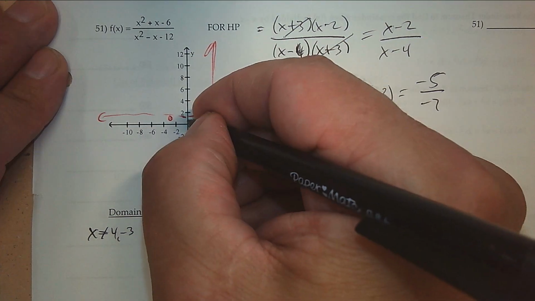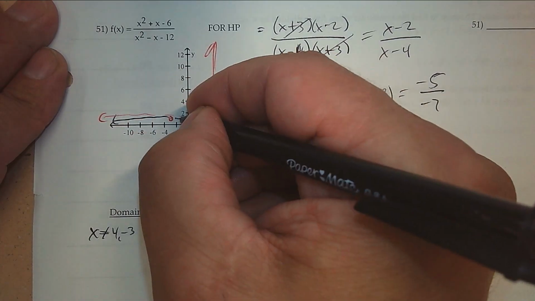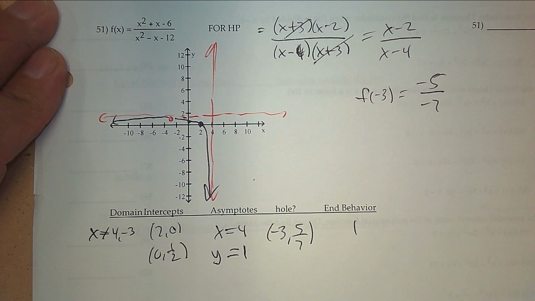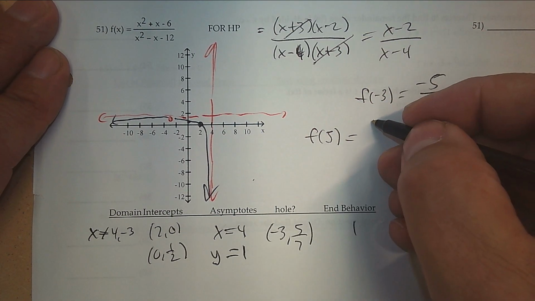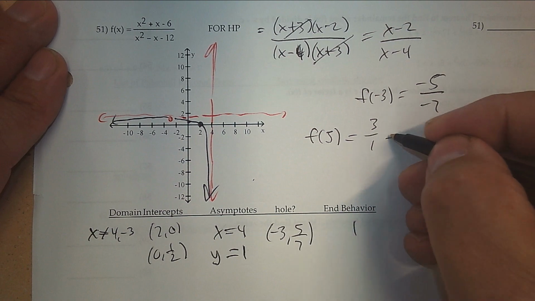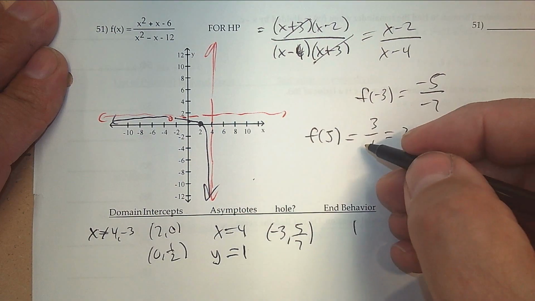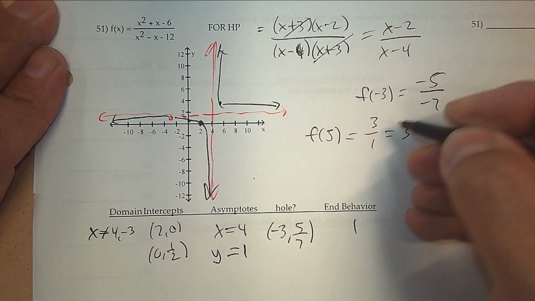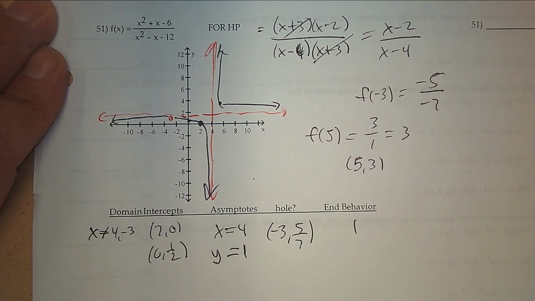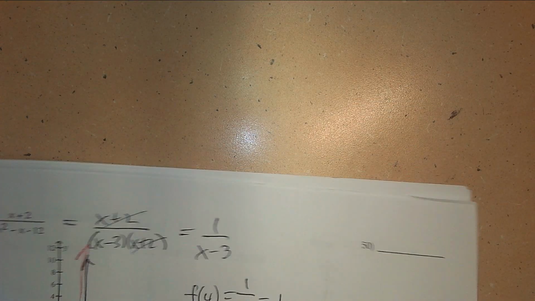So you can see what this is guiding you to. Now I need a point over here. So if I plug in 5, I get 3 over 1. So 5 and 3. And then you finish your graph. All right, next page.